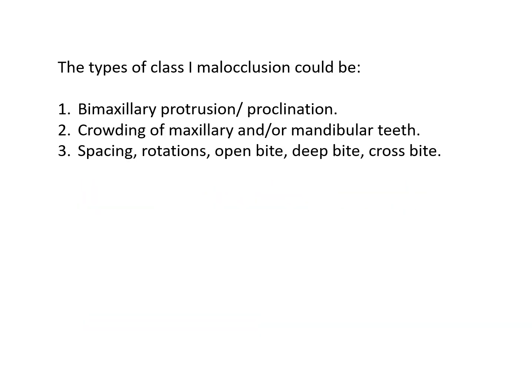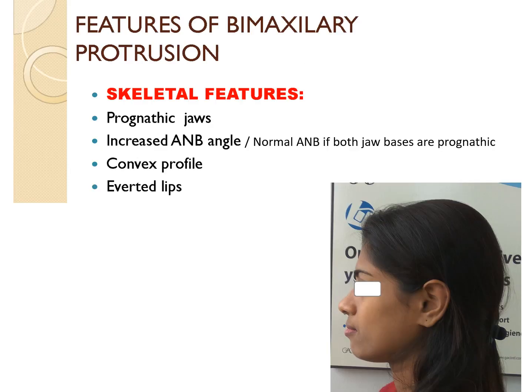So the types of class 1 malocclusion, a few of the most common, are bimaxillary protrusion or proclination, crowding of your maxillary and mandibular teeth, and spacing, rotations, open bite, deep bite, cross bite, etc. So what do you understand when I say bimaxillary protrusion?